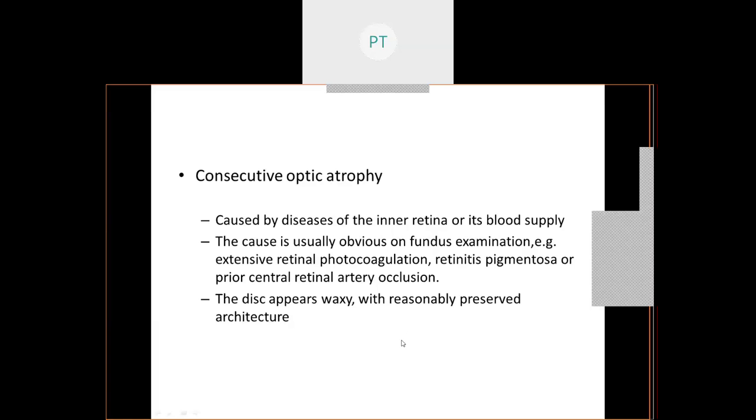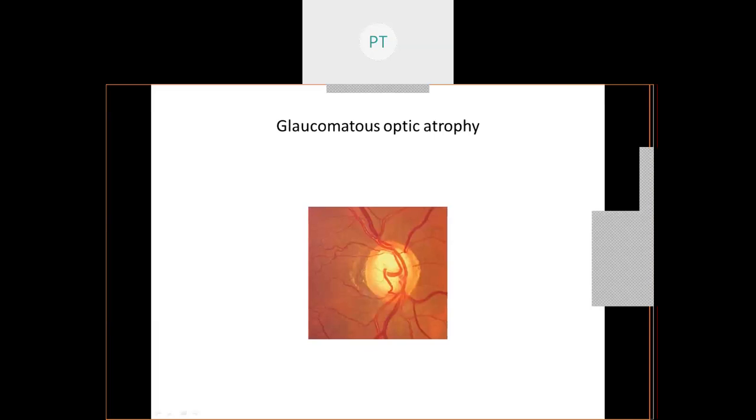And of course, glaucomatous optic atrophy. You know the difference in this type of atrophy: in the other types the optic cup is usually normal, whereas in glaucomatous optic atrophy you would see an enlargement of the cup, so it should be larger than this.